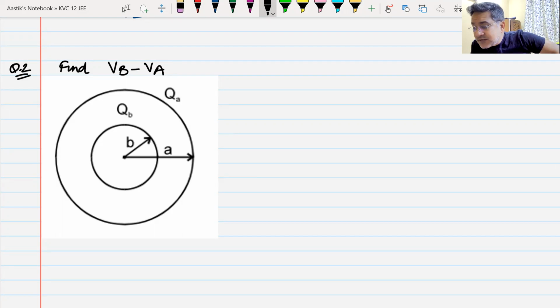Find the difference between point B and point A, and then your eyes will open and you will see something fascinating. Let's see who can see that fascination.